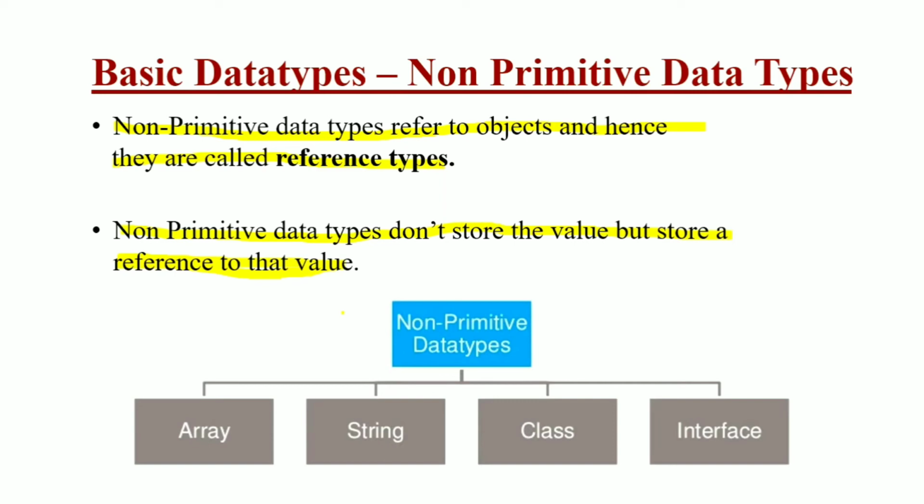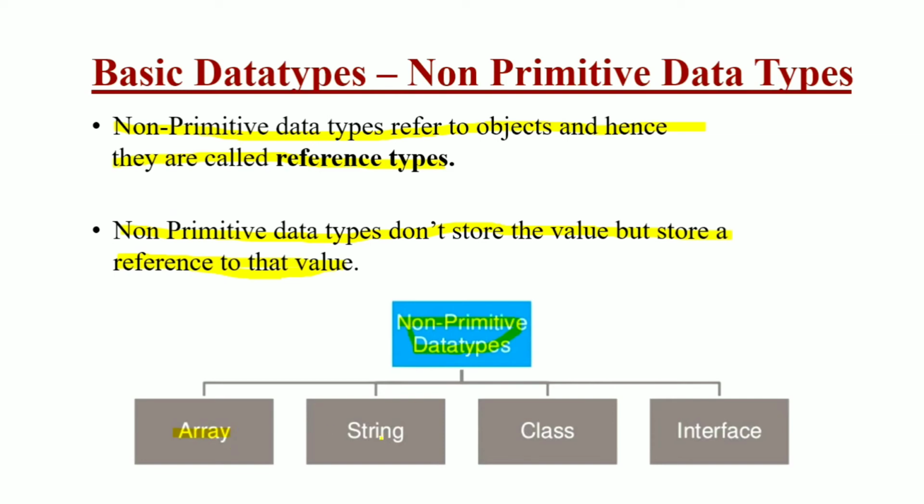There are 4 non-primitive data types, and first of all array. Array allocates contiguous memory for a specific data type. In Java, array is implemented as an object.